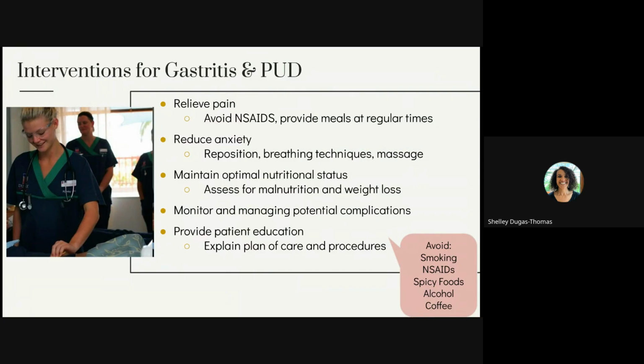The holistic approach addressing physical comfort, pain, and nutrition, also psychological well being, reducing anxiety through non pharmacological measures, complication prevention, and patient empowerment through education. The emphasis should be on regular meal timing and NSAID avoidance, and that reflects the key principles in managing the GI. You want to definitely make sure you avoid smoking, NSAIDs, spicy food, alcohol, and coffee.